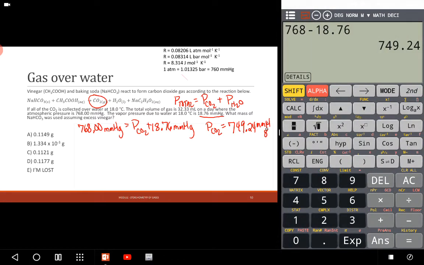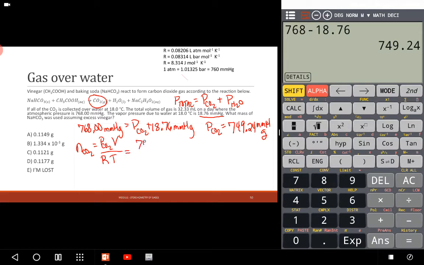It's not letting me write that close to the boundary here with the split screen. So that's millimeters of mercury. So now I can calculate my moles of carbon dioxide gas using the ideal gas law, knowing that that's going to be dependent on my partial pressure of CO2 times my volume divided by my R and my temperature.